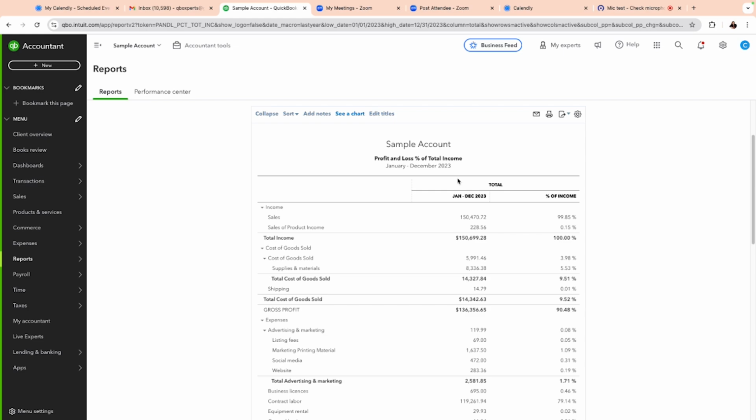All right, so taking a look at the profit and loss by percentage, you want to take a look at your total sales, and it's very important to keep an eye on the cost of goods sold. If you're in the restaurant industry and you have a cost of goods sold above 30%, it means that you need to take a look at it and maybe reevaluate. Things are pretty expensive right now.